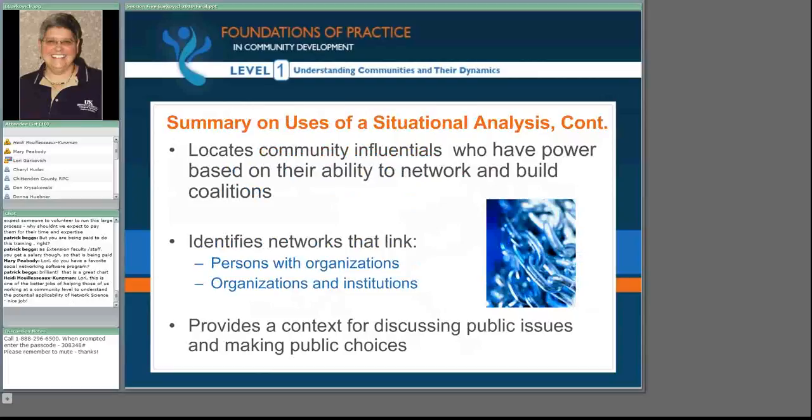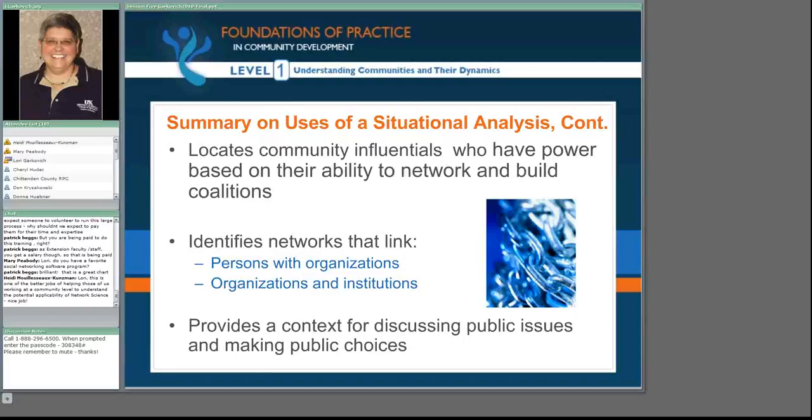It allows us to locate community influentials, not only the people in the formal positions, but those movers and shakers back there who don't necessarily hold an official position. They have power based on their ability to network and bring people together, or keep people apart, or keep groups apart.